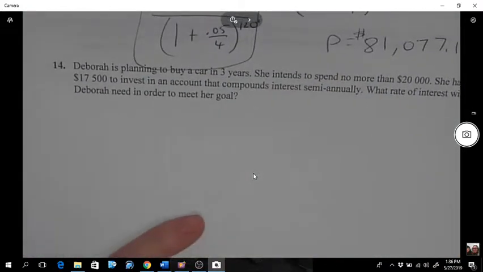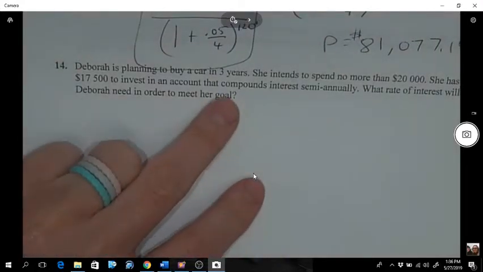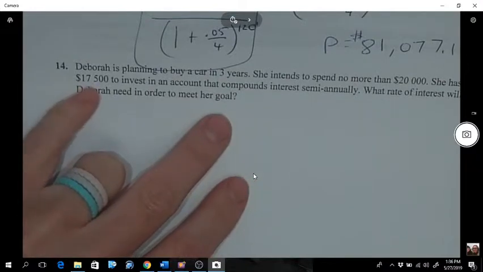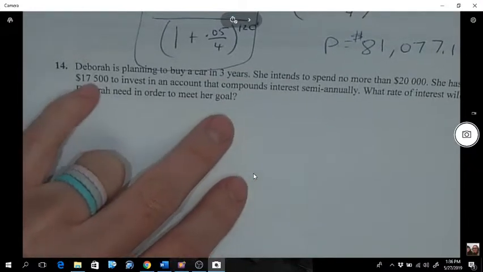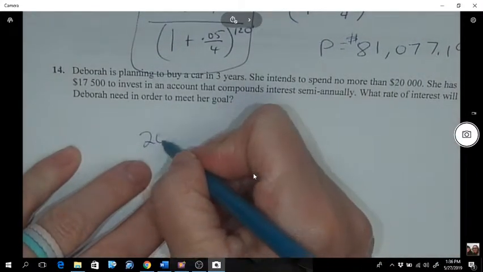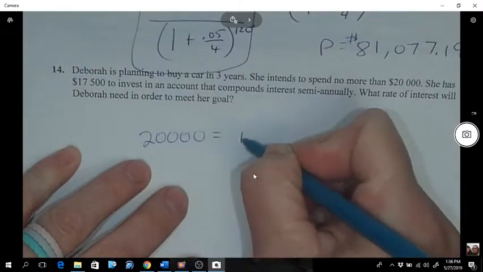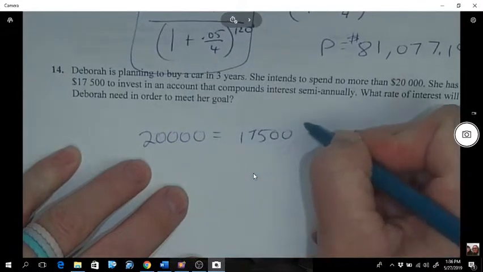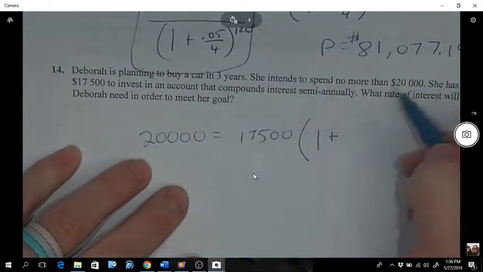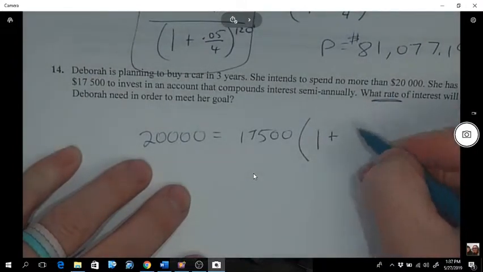Okay, number 14. Deborah is planning to buy a car in 3 years. She intends to spend no more than $20,000, and she has $17,500 to invest. Okay, so we have a future value, $20,000, a principal, and then we don't know what rate of interest is.